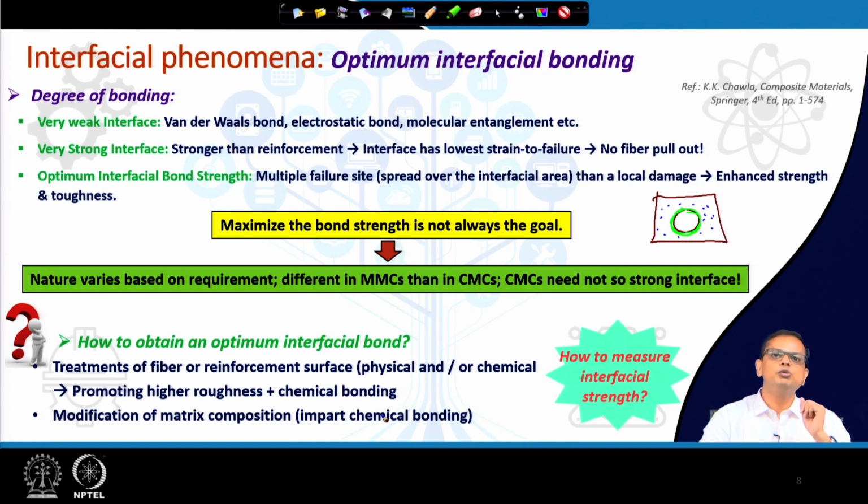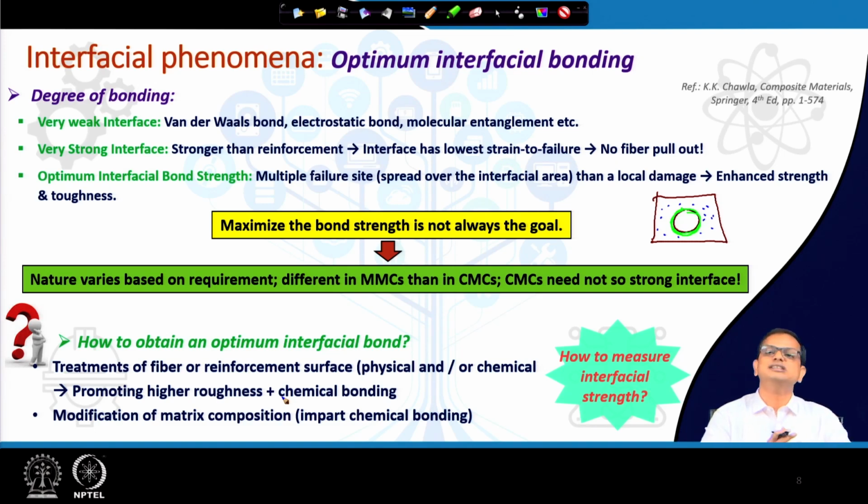The ultimate goal is to promote some kind of chemical reaction. We can try to optimize the chemical bonding as well as the surface roughness, that means mechanical bonding. Both we can control to have an optimum level of interfacial bonding.